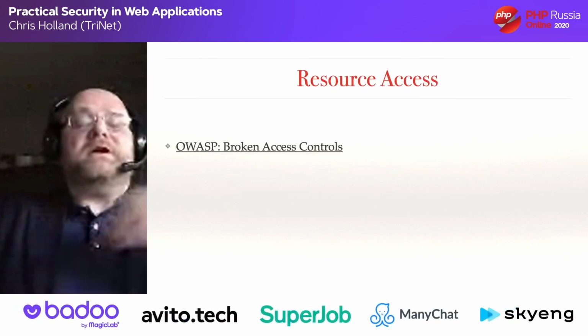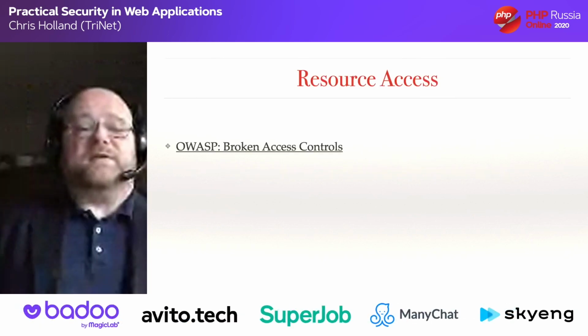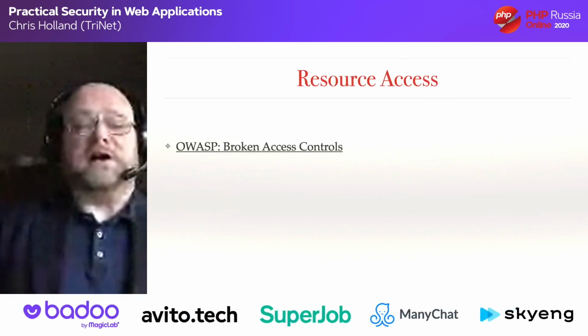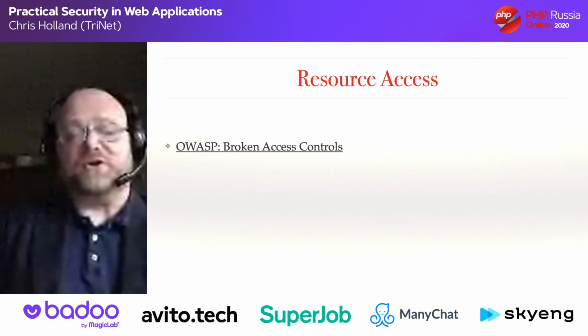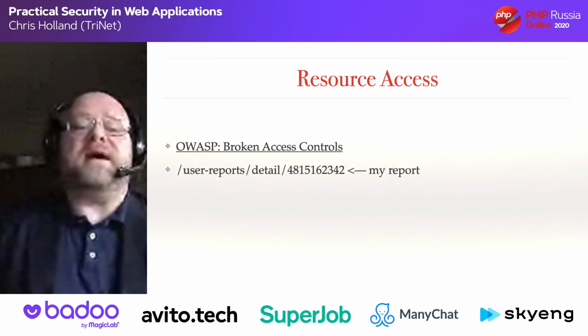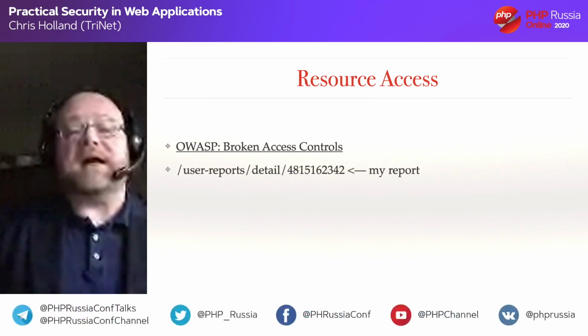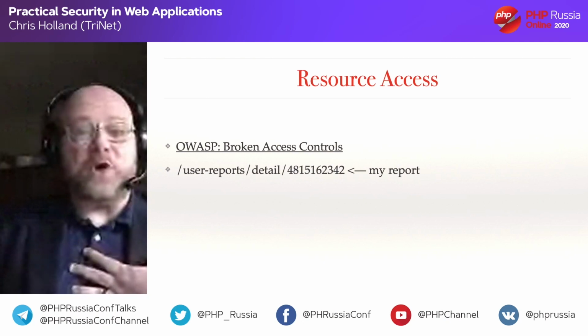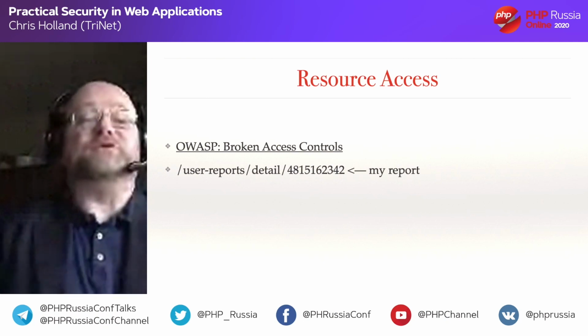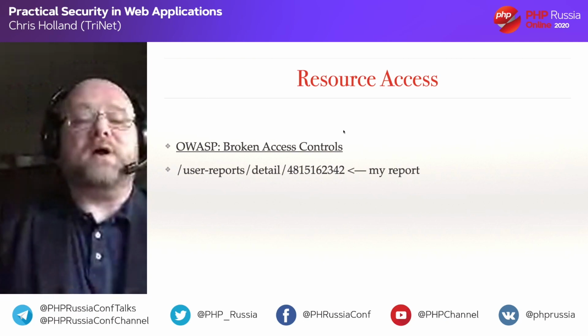So there is a category of vulnerabilities which I've come across a lot, and OWASP classifies that as broken access control. Quite simply, imagine that in my application, I have a report with an ID in the URL. I am the only person who is supposed to be able to see the report, right?